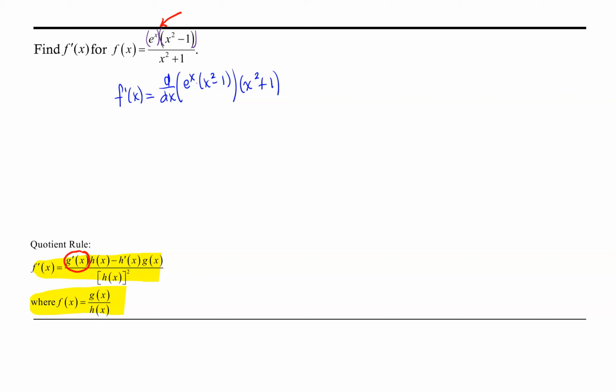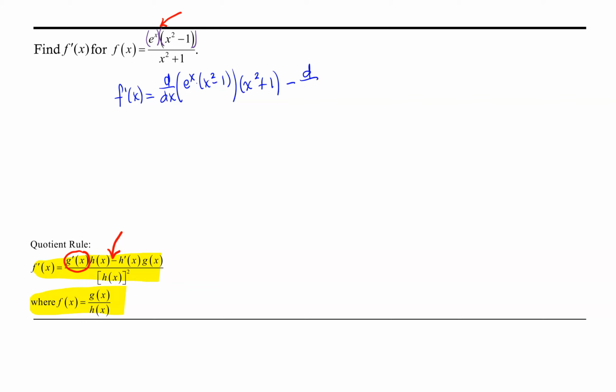Now, caution, with the quotient rule, this is subtraction, and often students mistakenly use addition, and that is not the case. So be careful. It is subtraction.